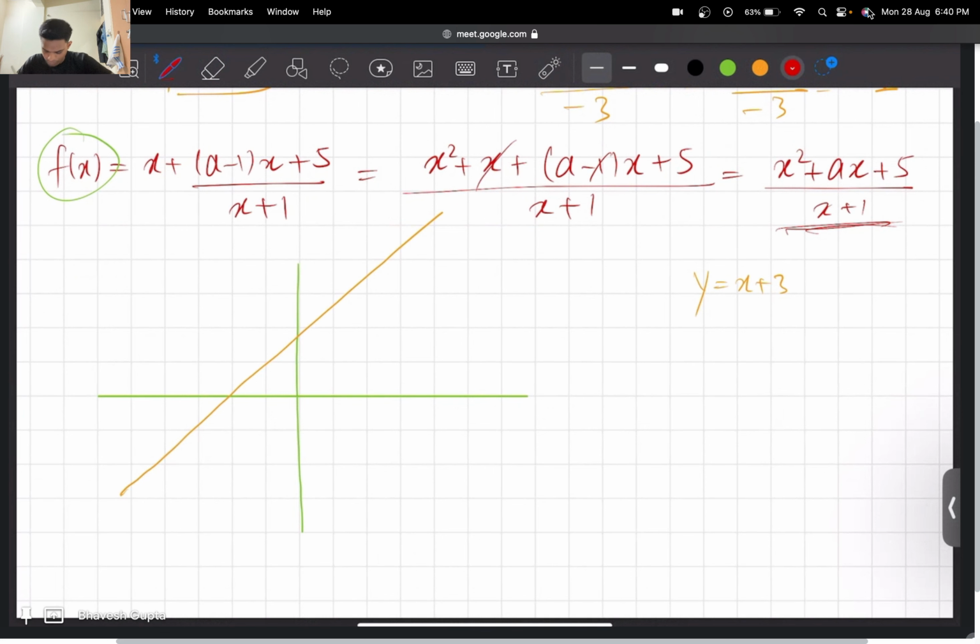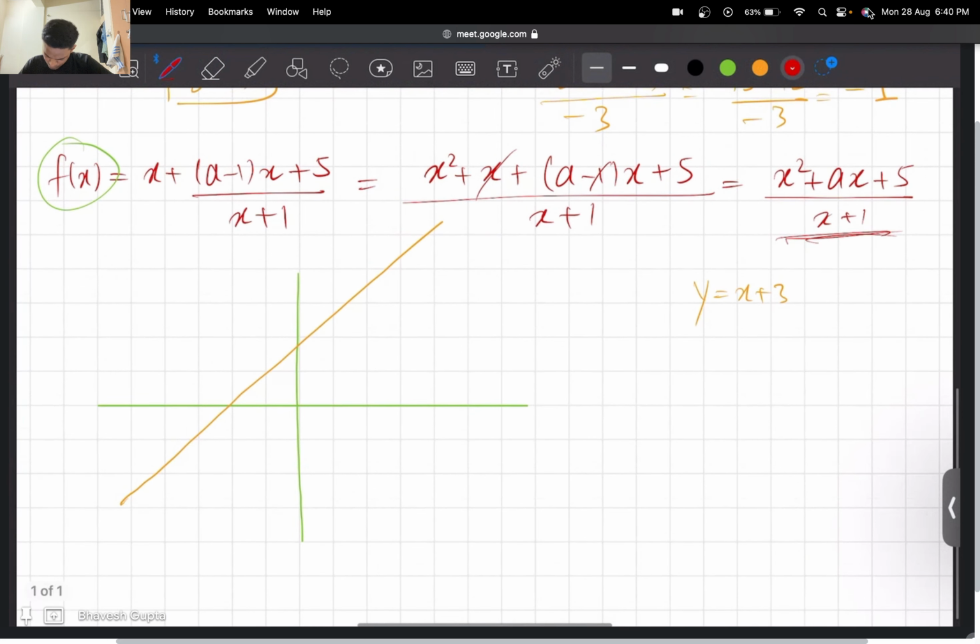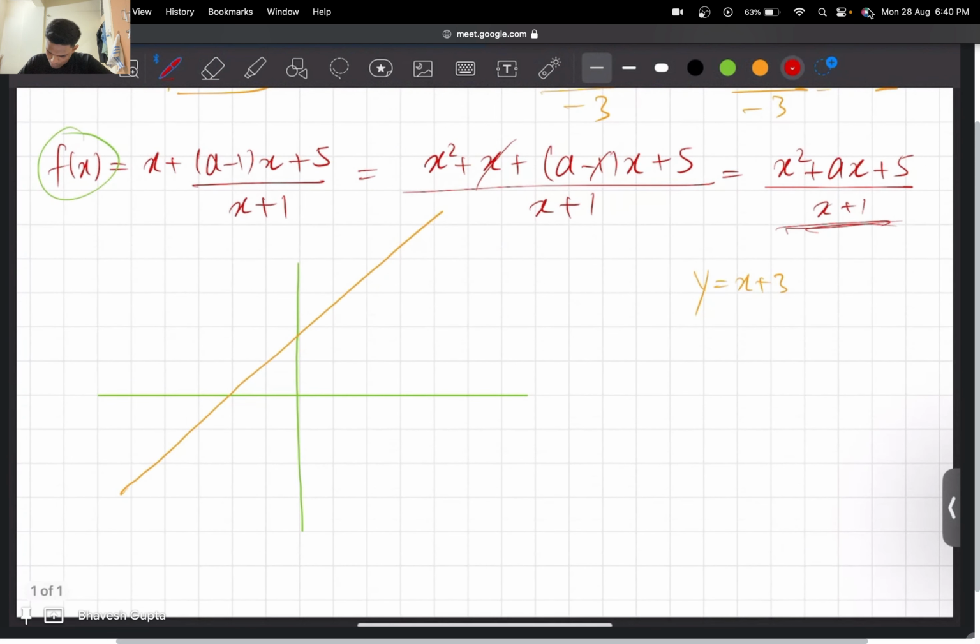So if you try to plot this, we can see if you take x to infinity, it will make some kind of behavior like this. This is my f of x function, and this is my y equal to x plus 3.